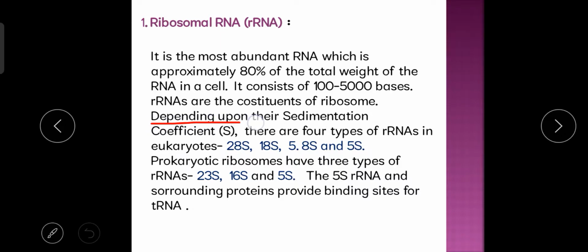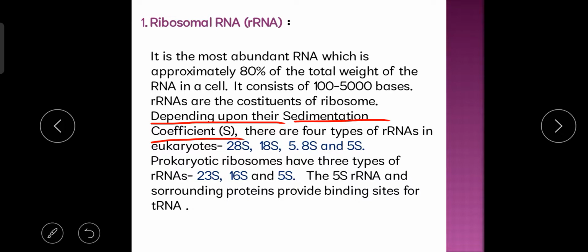Depending on the sedimentation coefficient. What is the sedimentation coefficient? That means the property of any particle which is sedimented after centrifugation. You can say the rate of sedimentation, the amount of precipitate that is formed after centrifugation.